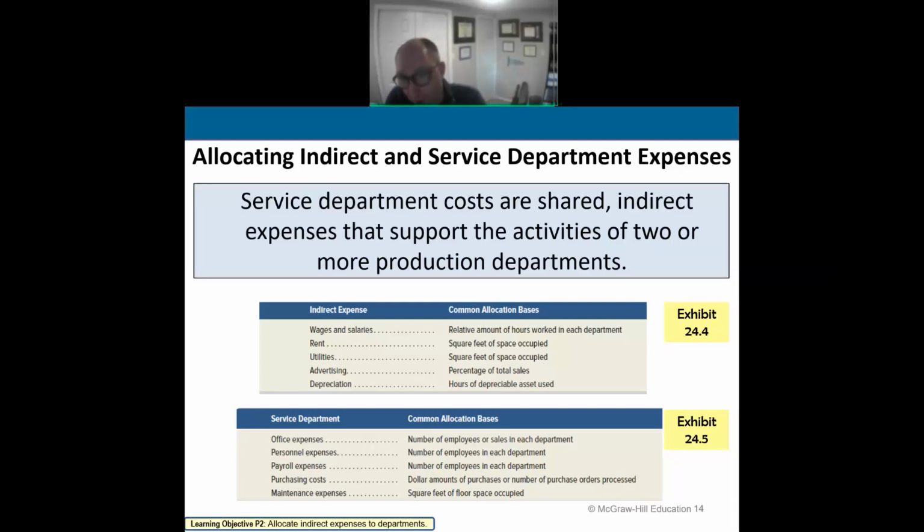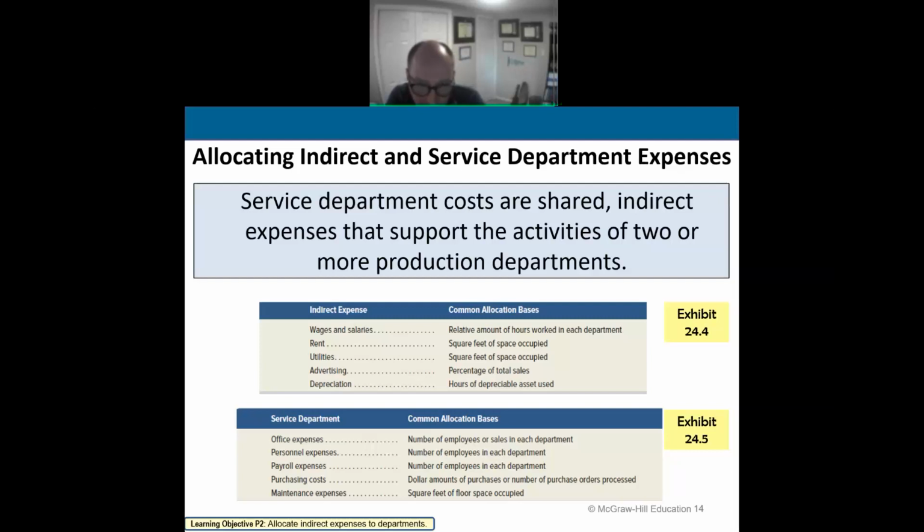Because all departments within the store share the expense of the accounting office, the human resources office, the back office, the maintenance office. So I need to allocate the expenses based on their usage. What's the usage? It's the number of employees in each department. That's the usage base.